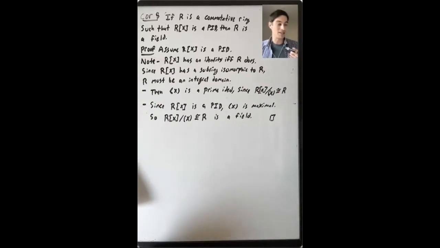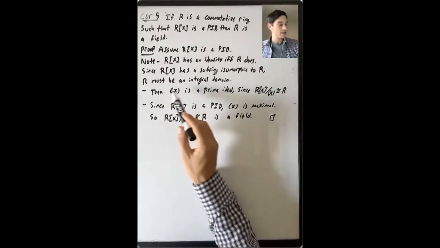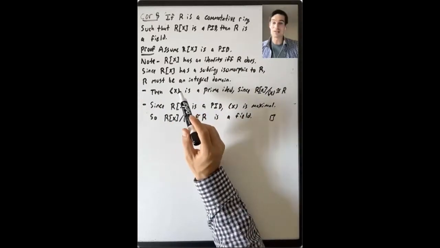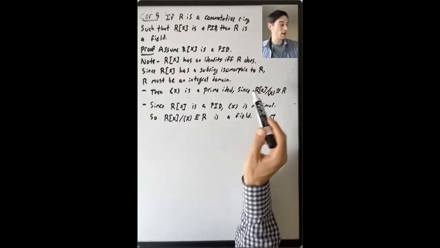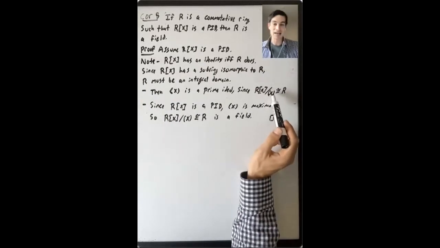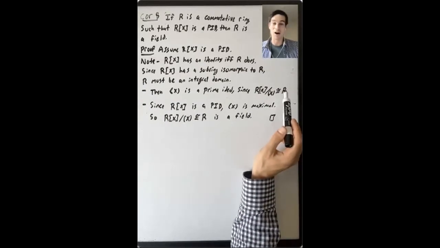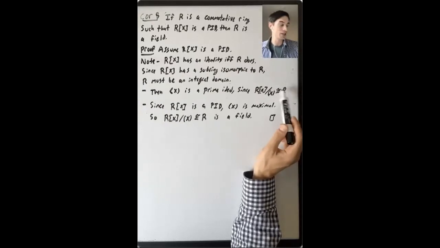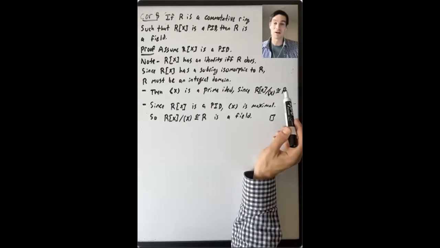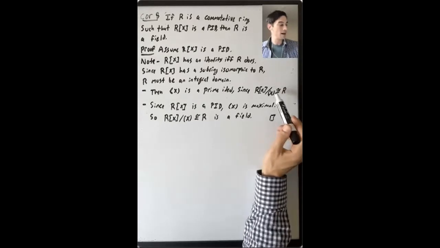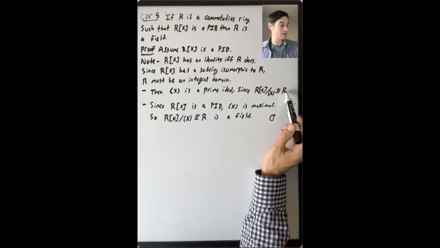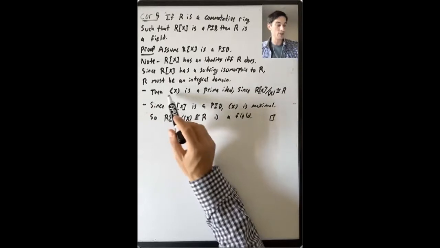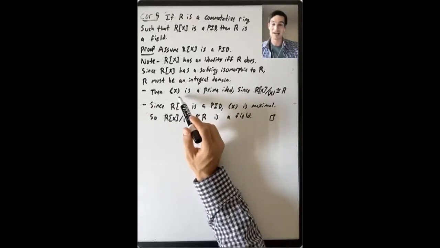Now we're in a position to use some of the results that we have from earlier. The ideal generated by x. What is true about this ideal? Well, R[x] mod the ideal generated by x is isomorphic to R. If you mod out by this ideal generated by x, you're just getting representatives that are the polynomials of degree 0. So R[x] mod the ideal generated by x is R, which is an integral domain, which means that the ideal generated by x is a prime ideal.